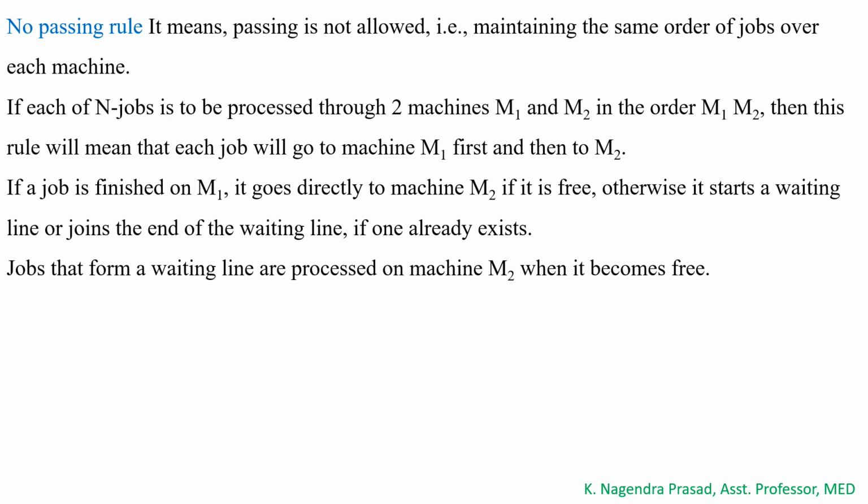If a job is finished on M1, it goes directly to machine M2 if it is free. Otherwise, it starts a waiting line or joins the end of the waiting line if one already exists. Jobs that form a waiting line are processed on machine M2 when it becomes free. So these are the no passing rule conditions.